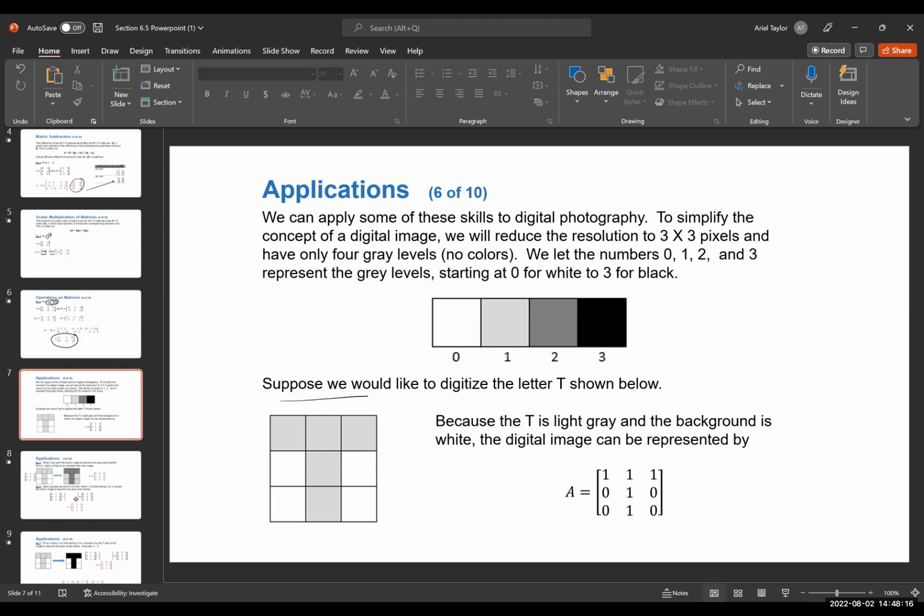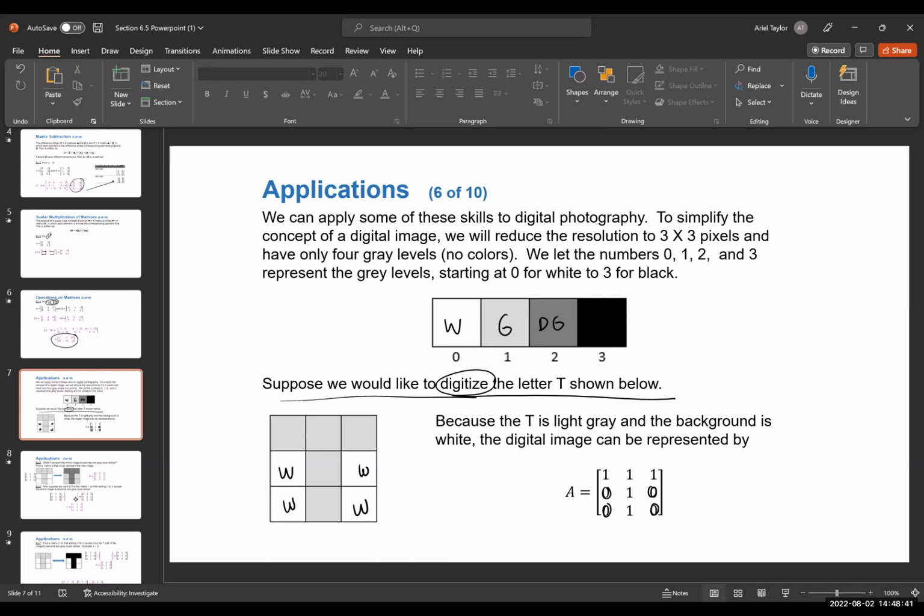So suppose we would like to digitize the letter T as shown below. Each color on the color scale is going to be represented by a number. So white, gray, dark gray, and black. Right now we have 0, 0, 0 in these blanks, and that's white, white, white, white.